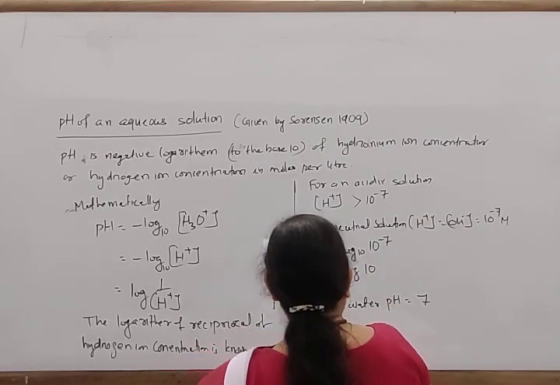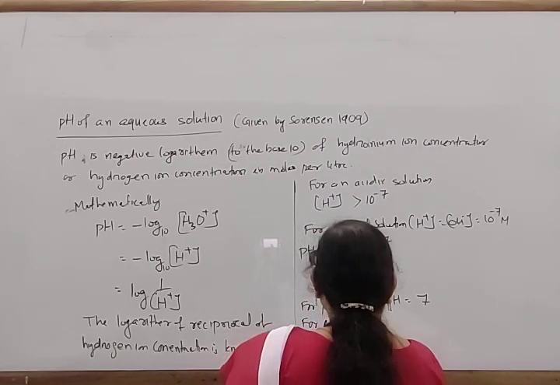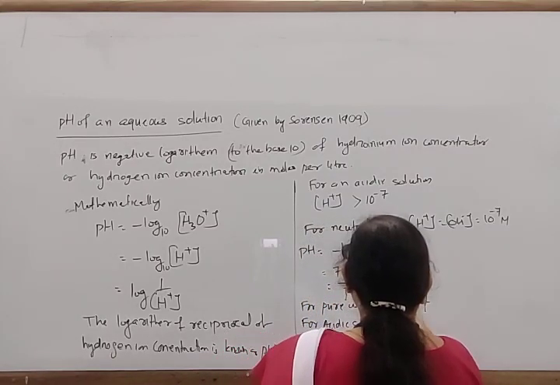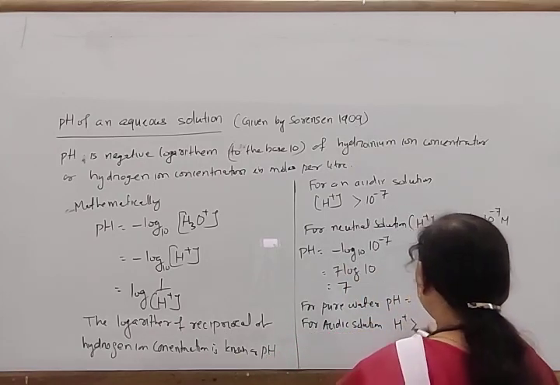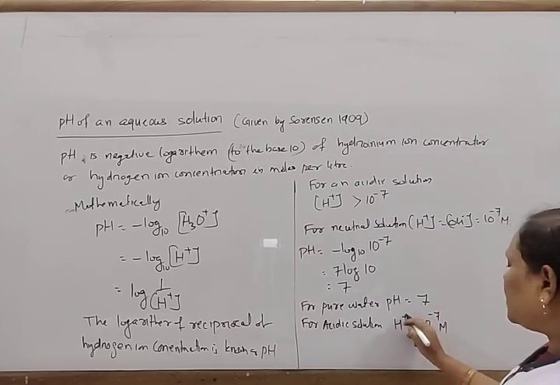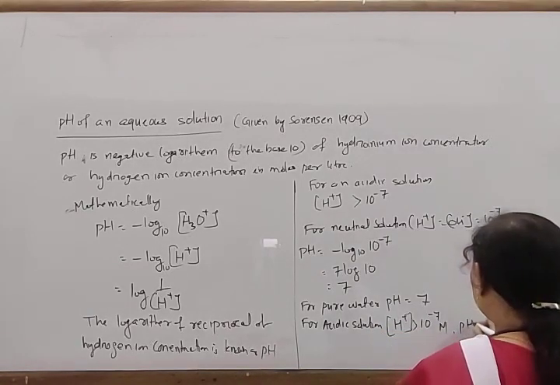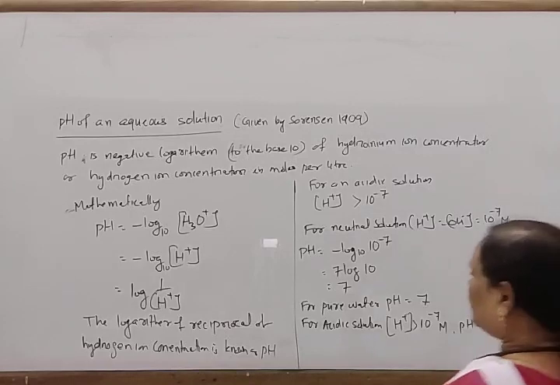For an acidic solution, this H+ ion concentration is greater than 10 to the power minus 7 M, and taking the negative logarithm, the pH value is less than 7.